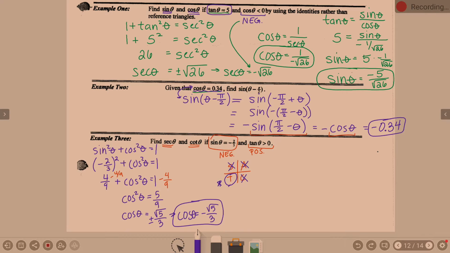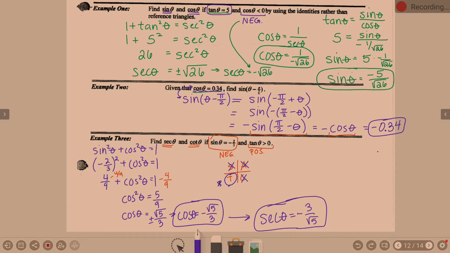So secant is negative square root of 5 over 3. I am perfectly fine with you just jumping straight to that, saying, okay, I know cosine is this, secant is the reciprocal. But did I write the reciprocal? It is rough. Okay, negative 3 over square root of 5. My goodness. Okay, sorry guys.